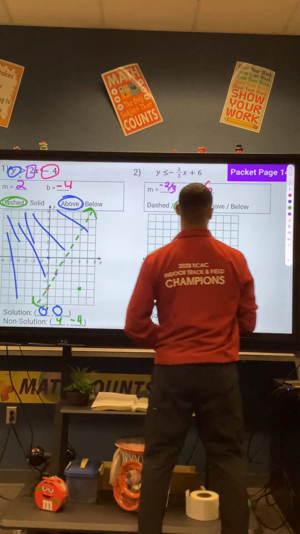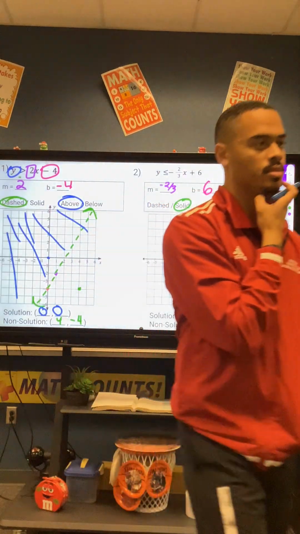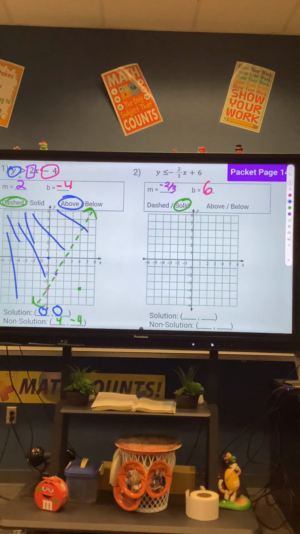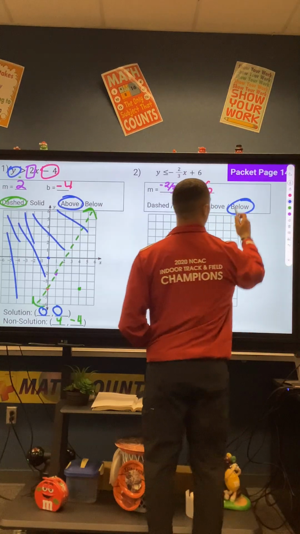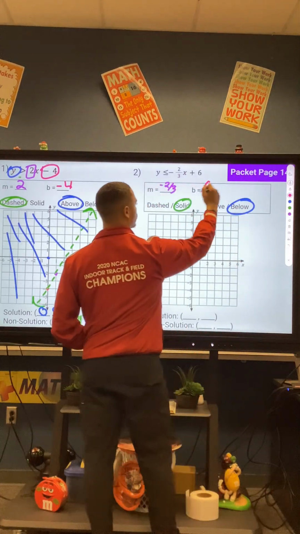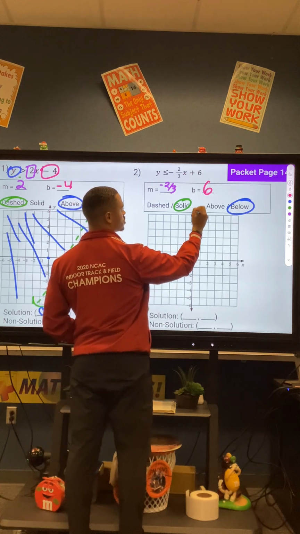I heard an S sound, so I'm just giving you the solid. Which means is this above or below? So y is less than or greater than, so you got below. Good job. So when I graph it, B value is 6, so I know my y-intercept is at 0, 6.